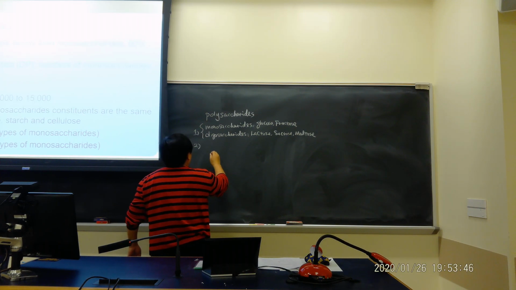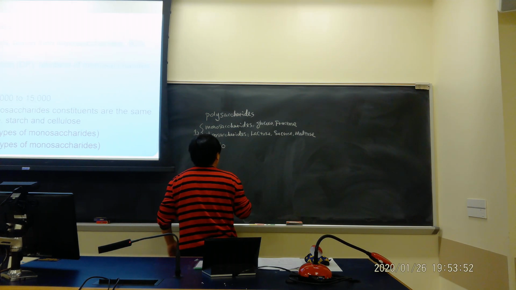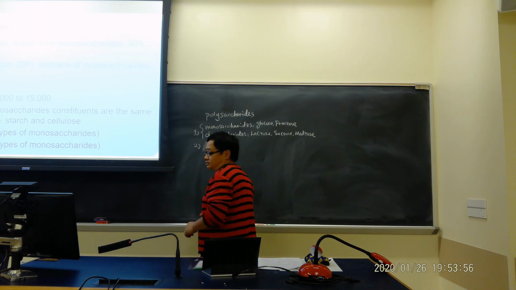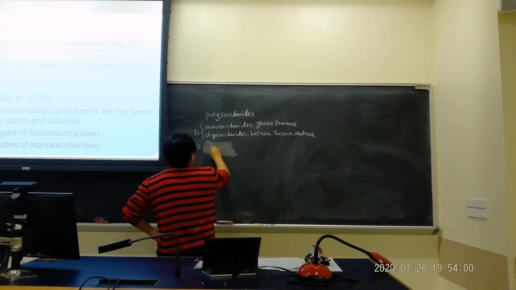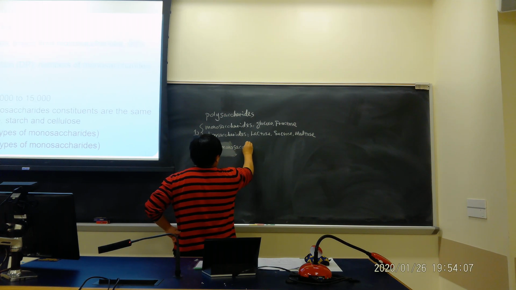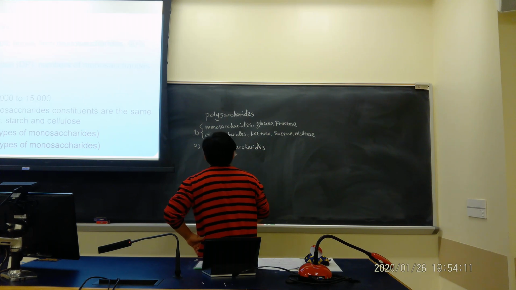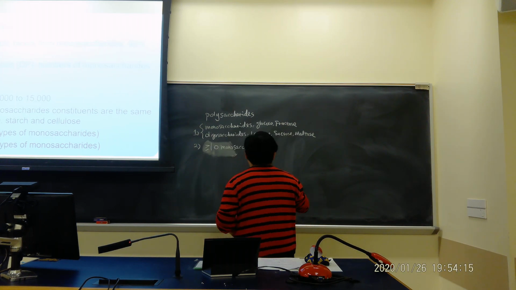Polysaccharides, first of all, we think about the carbon unit is more than 10. Sorry, not the carbon unit. It's composed by the glycosidic amount of the monosaccharide is more than 10 monosaccharides, composed by a large sugar, a large polymer.